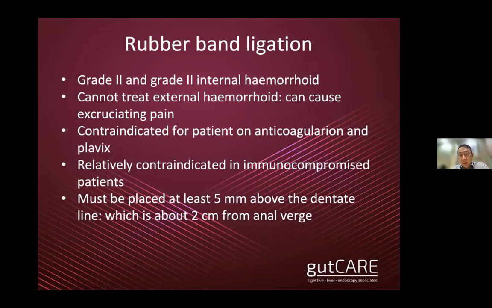And like I said, it must be placed 5 millimeter above the dentate line. And the dentate line roughly is about 2 cm from anal verge. So if you do enough proctoscopy, just try to learn how to find the dentate line. That will be helpful. It's about 2 cm in.